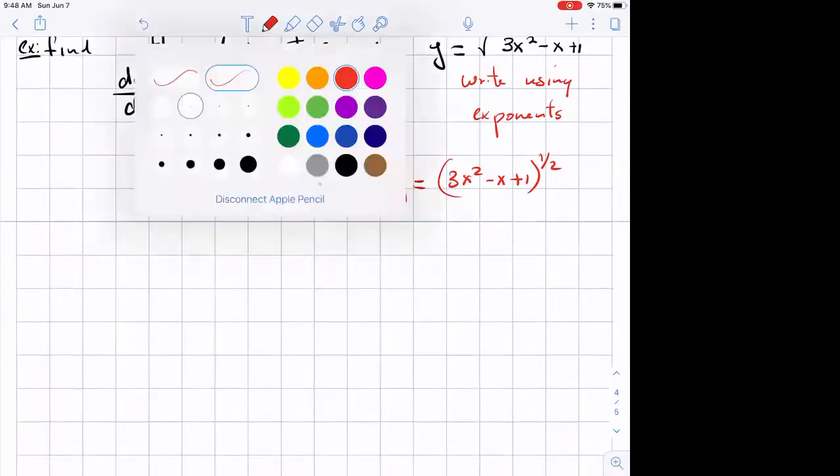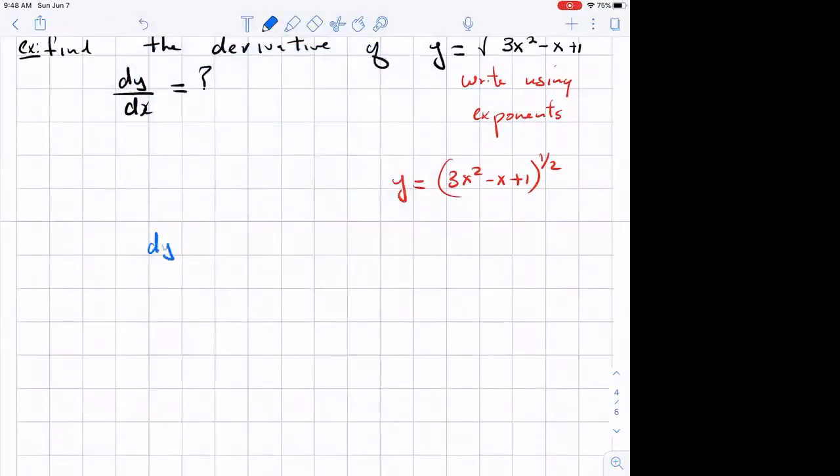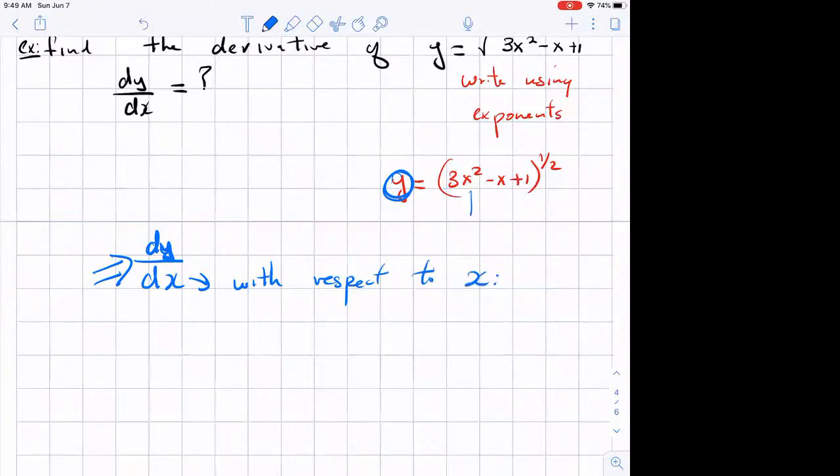Now, dy dx, the derivative, pay attention, what does this really mean? That means the derivative of the function y with respect to x, meaning the variable here is x.